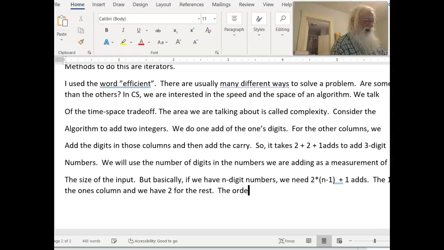The order of an algorithm that runs in polynomial time is the largest power.